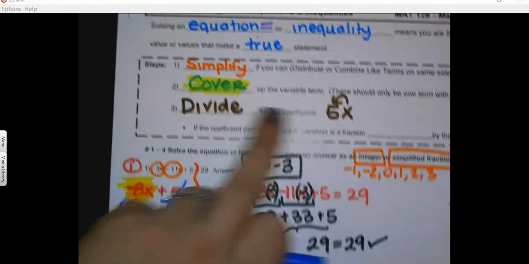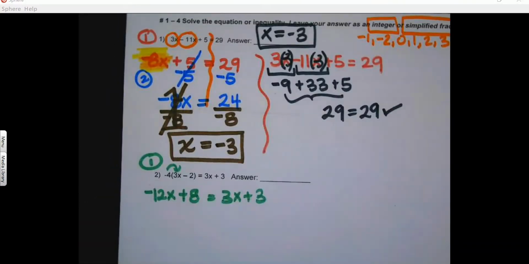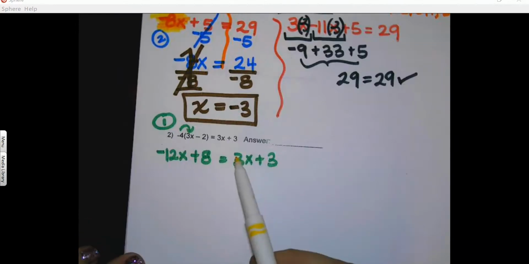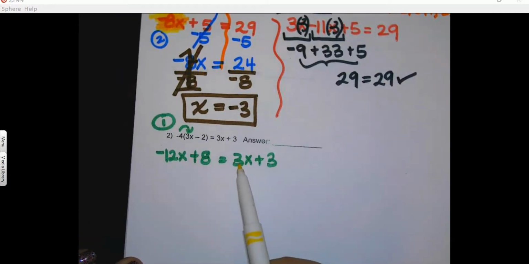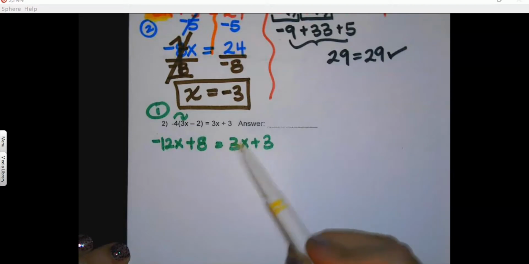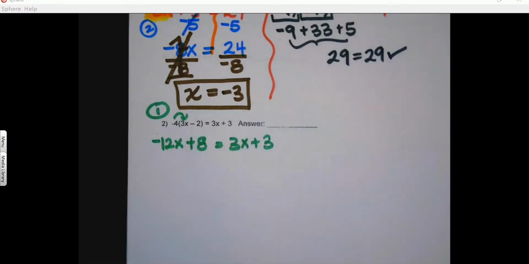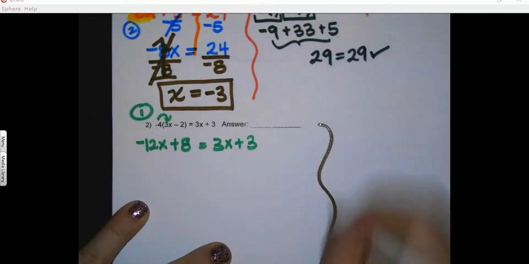Step 2 is we're going to cover up the variable. So I'm going to grab my highlighter and I want to, there isn't a variable. There's variables. There's more than one. So I can't highlight and get the variable by itself. So that is my reminder that I need to remove one of them. It doesn't matter which one.